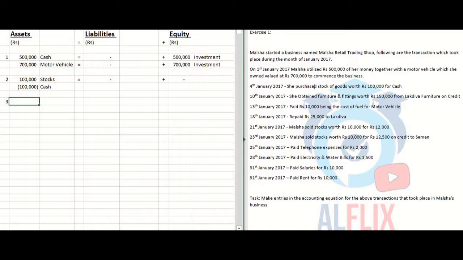So here furniture and fittings are assets of an organization or a business. So the purchase of the asset would increase assets by rupees 150,000 as furniture and fittings.